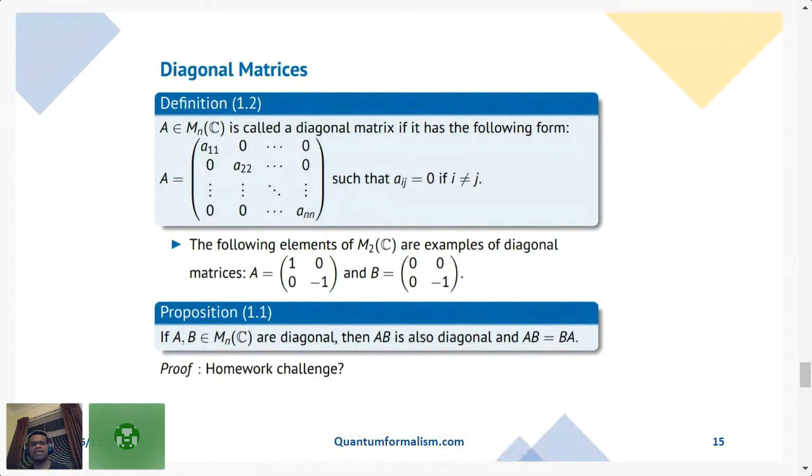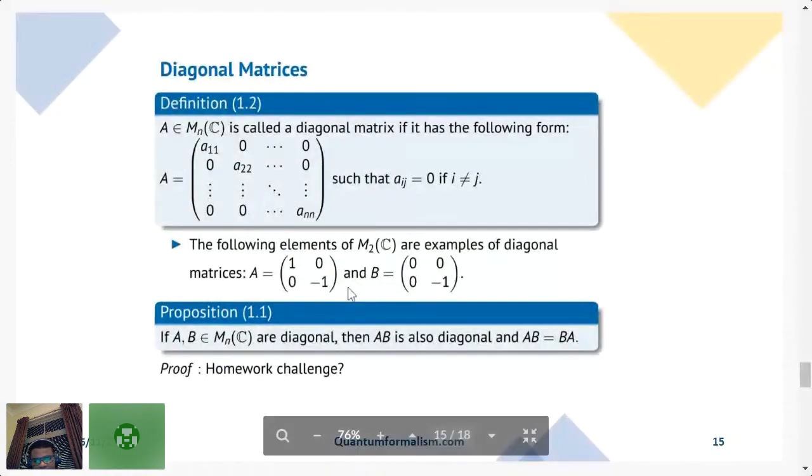You don't necessarily have to use the way I laid out the multiplication. If you find another way, you can use that also. My claim is that you will be able to prove that the product of two diagonal matrices is also diagonal, and that two diagonal matrices commute.